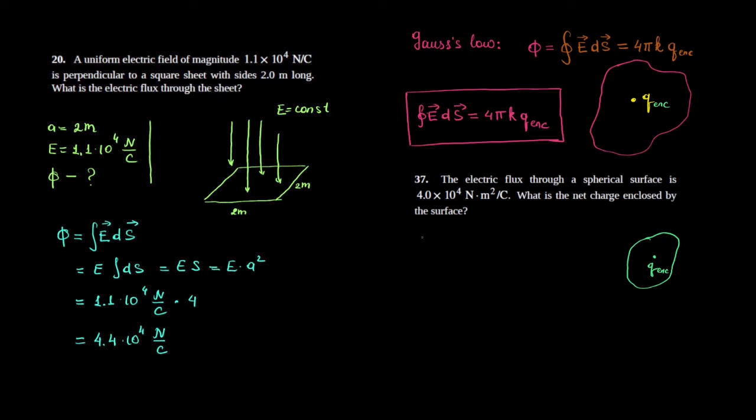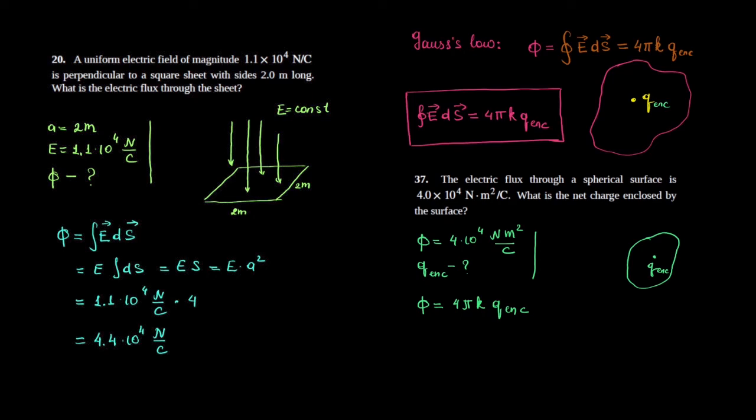The flux is given, so it is 4 times 10 to the 4 Newton meter squared per Coulomb. We have to find the enclosed charge. According to the Gauss law, phi is equal to 4 pi k Q enclosed, since this integration is calculated already.